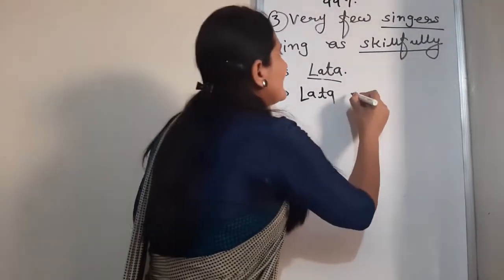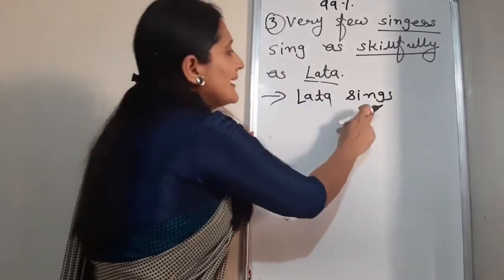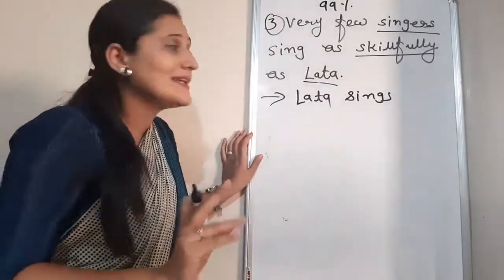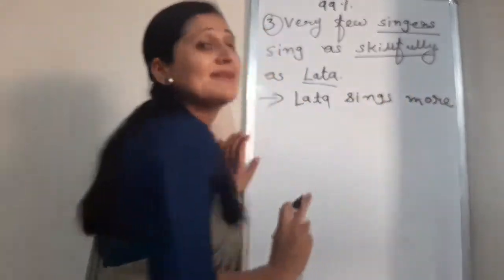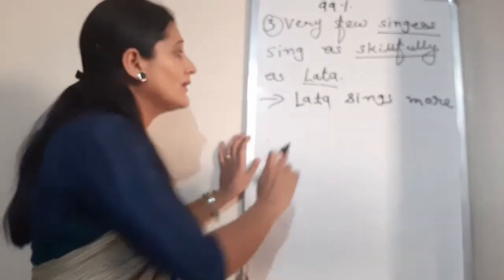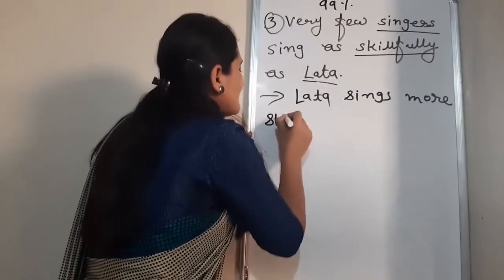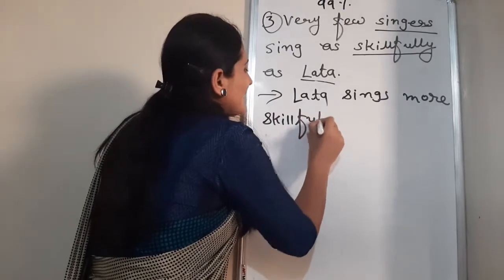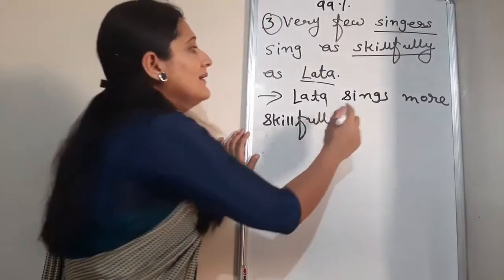So Lata sings, here given. See, Lata sings more. I told you the adjective is long, so we need to write more. Lata sings more skillfully. Keep in mind, sings.